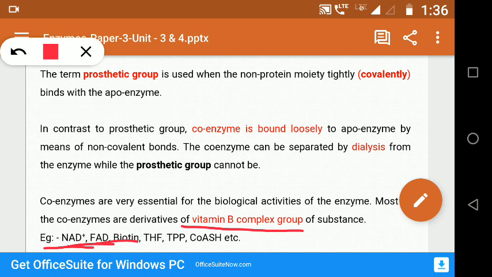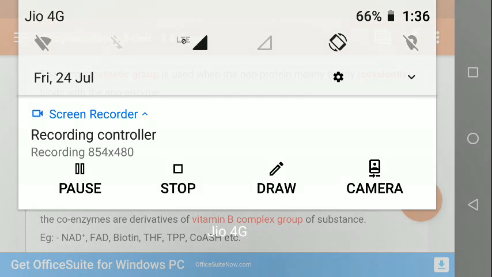Biotin itself is directly involved as a coenzyme in carboxylation reactions. Tetrahydrofolate comes from folic acid. TPP, thiamine pyrophosphate, comes from thiamine, a B complex vitamin. CoSH comes from pantothenic acid. So most of the coenzymes are simply B complex vitamins.